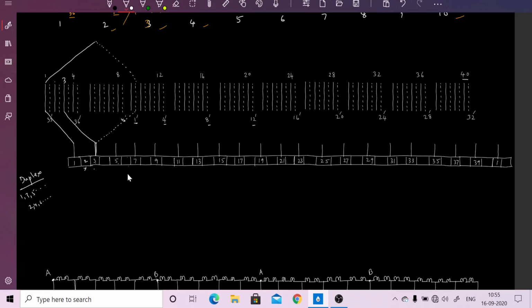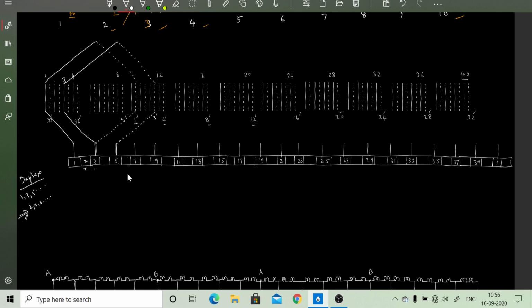I am leaving 2 because it has the other winding. So 3 is connected back to 3 dash, and 3 dash is now connected to 5, not 4.